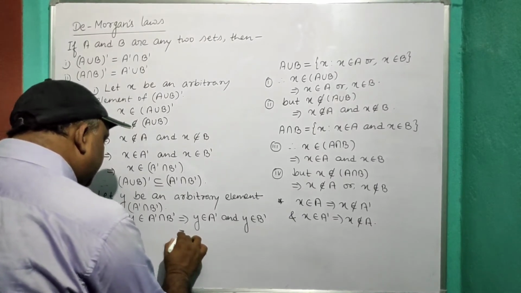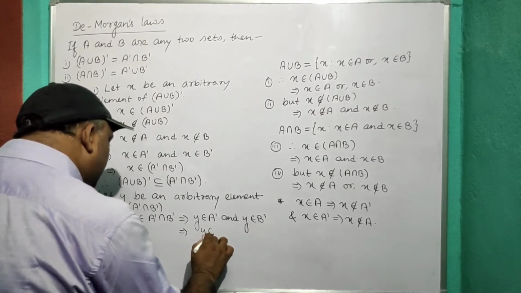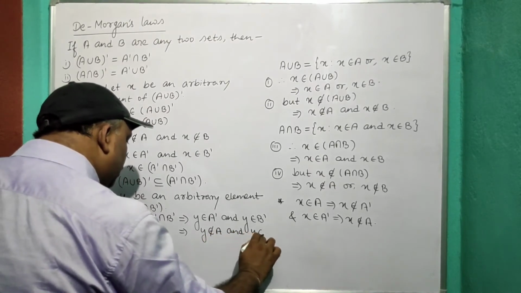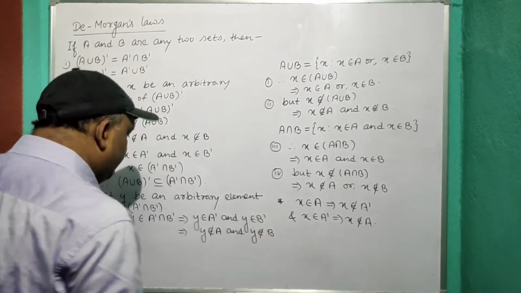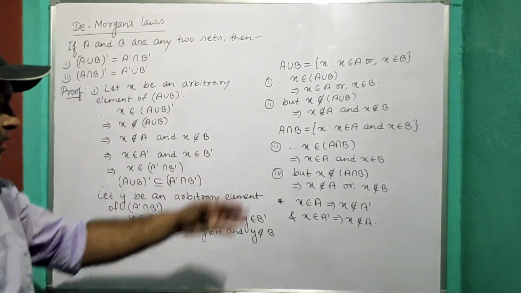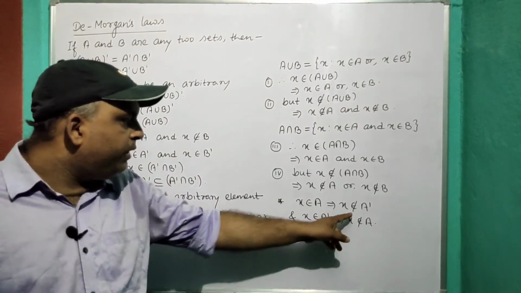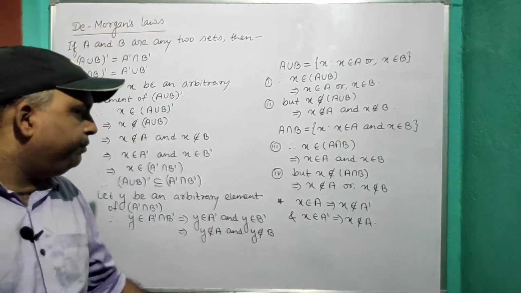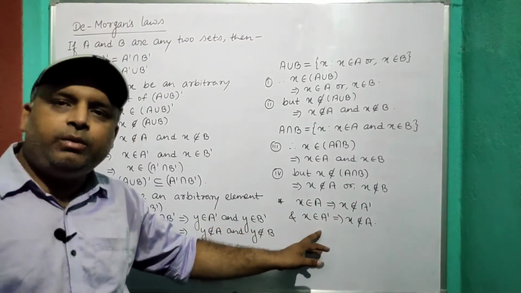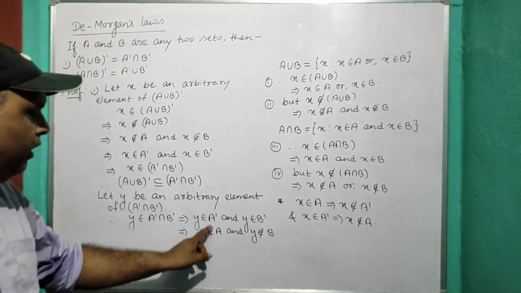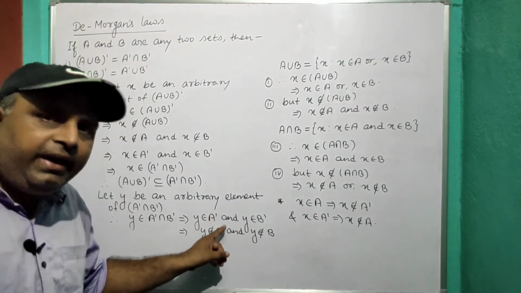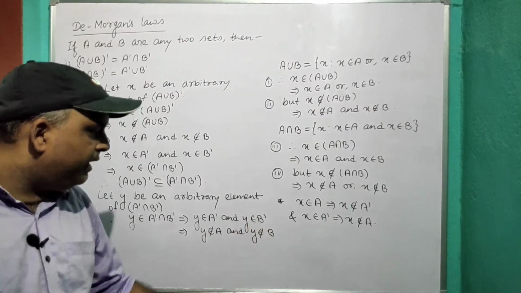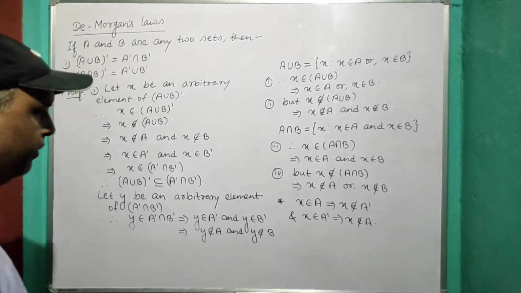Now from this you can say that y does not belong to A and y does not belong to B. क्योंकि हमने यहाँ पे डिस्कस किया था that if y belongs to A dash then it does not belong to A. ये दो केस हम लोगों ने यहाँ पर डिस्कस किया हुआ था अभी. तो वही चीज़ लिखना है कि y अगर बिलोंग कर रहा है A dash को तो y बिलोंग नहीं करेगा A को, and if y belongs to B dash then y does not belong to B.